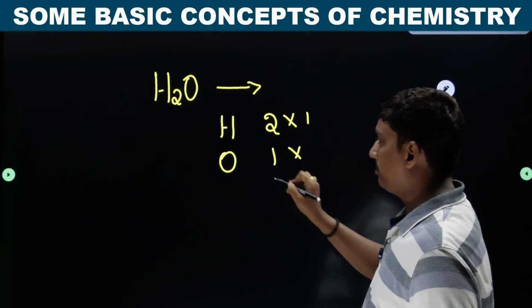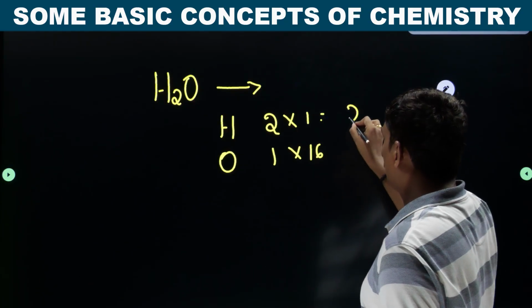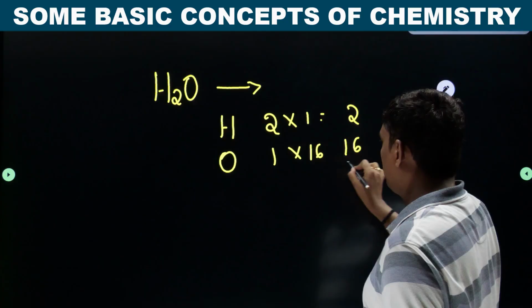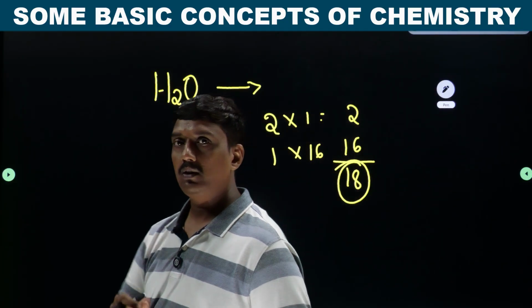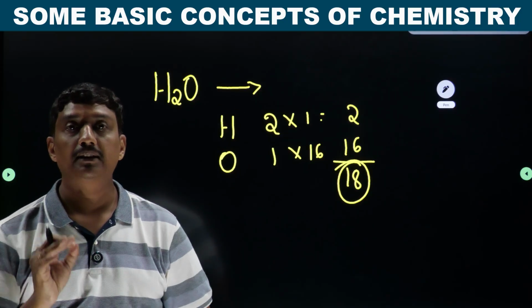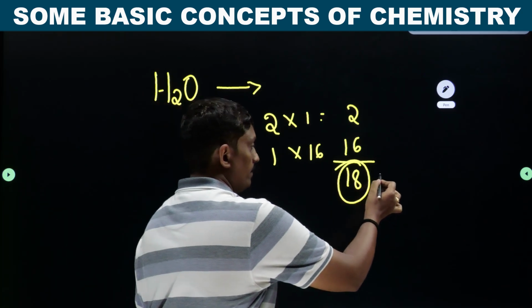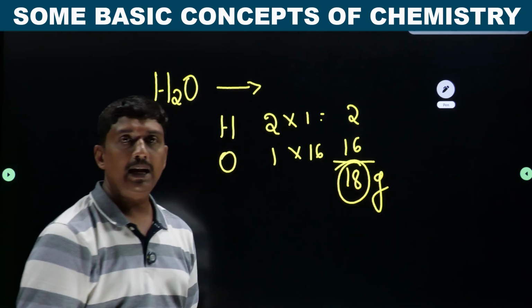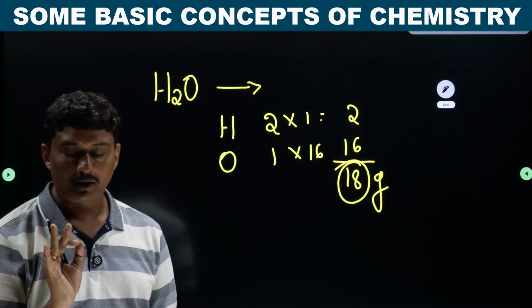What is the atomic mass of oxygen? 16. Now 2 plus 16 is 18. This number is the molecular mass of water, that is 18. It is just a mere number. Now if I write grams, 18 grams is the gram molecular mass of water.